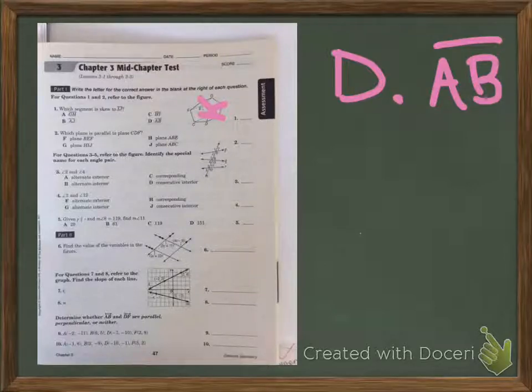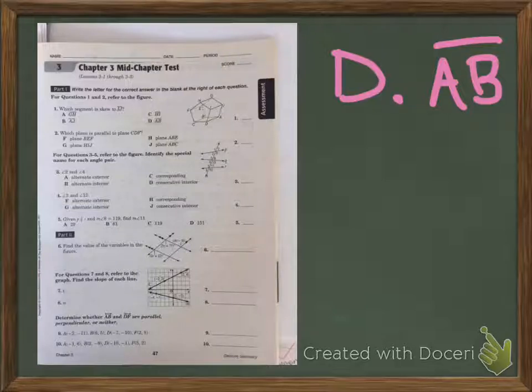Now in the same figure, we're looking at plane CDF, which they usually indicate a plane with 3 letters, but in this case the plane actually has 5 letters. So it's CDEFIH, this right here. If we're looking for a plane parallel to that, that would have to be the back side of this figure, which is GJABE.